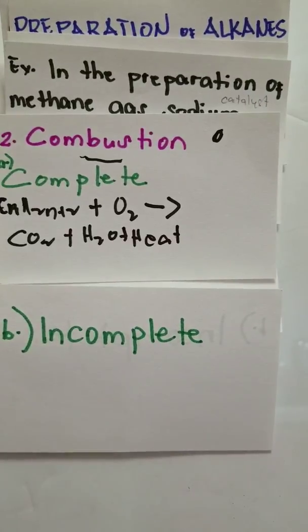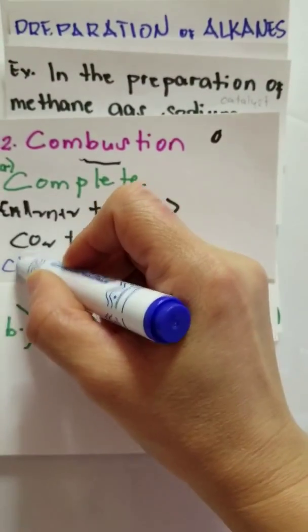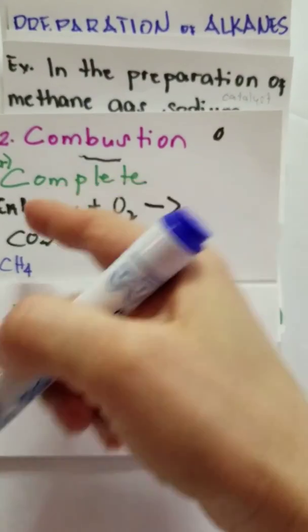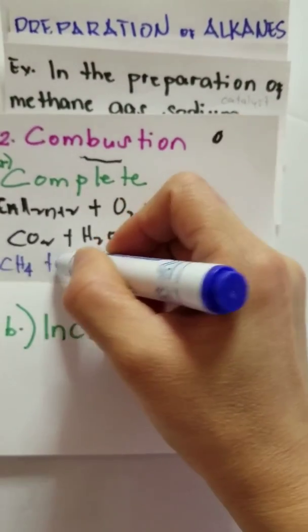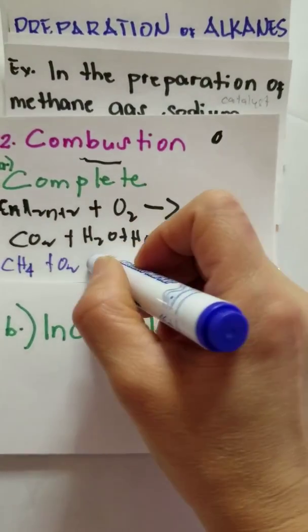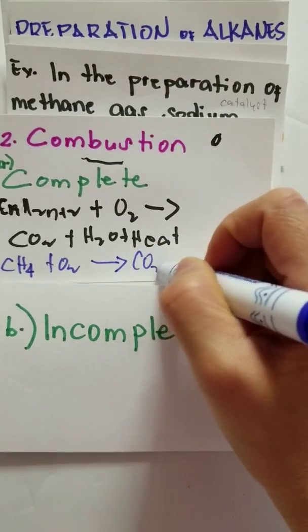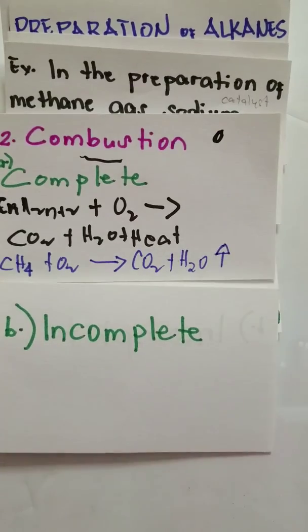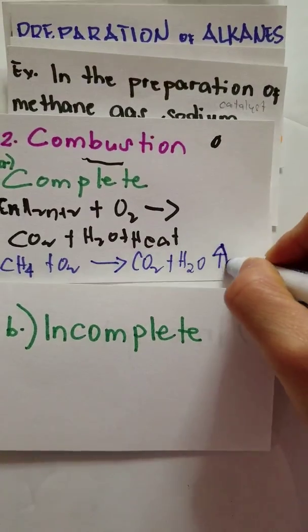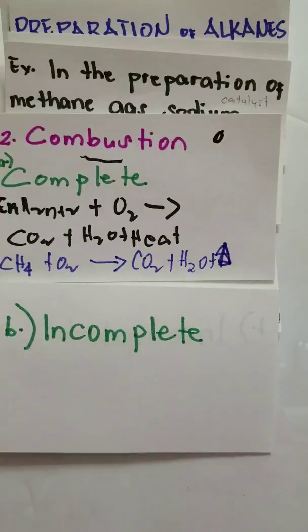Now to give you a clear example, for our alkane, we have CH4 as our alkane, CnH2n+2. CH4 plus oxygen will yield carbon dioxide plus water that will evaporate as heat, plus heat. So that is the combustion of an alkane compound, complete combustion.